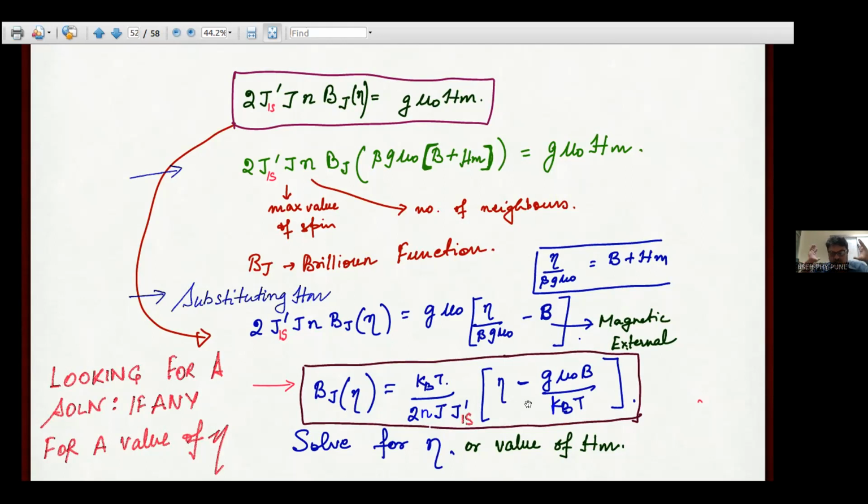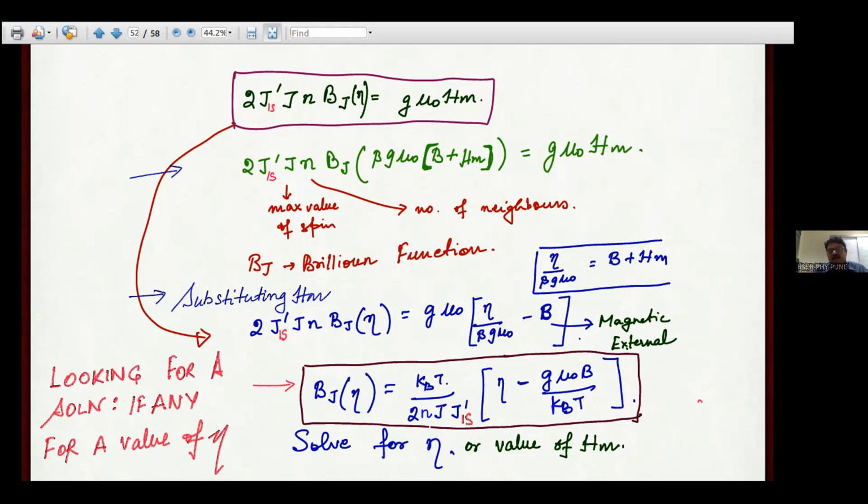So now the question is, does this relation hold? You have imposed this relation by saying, I'm going to take a mean field and replace it by HM. We shall assume that the effect of the magnetic moments of the neighbors can be replaced by an HM, and considered it a non-interacting system in the presence of a mean field of HM and B, and you have calculated some average spin of the system and demanded that.